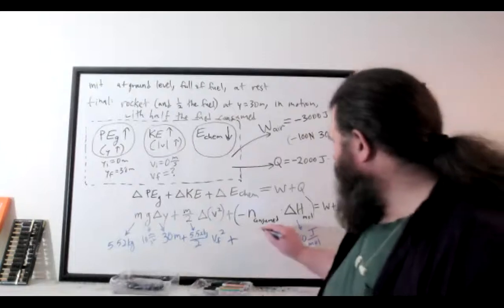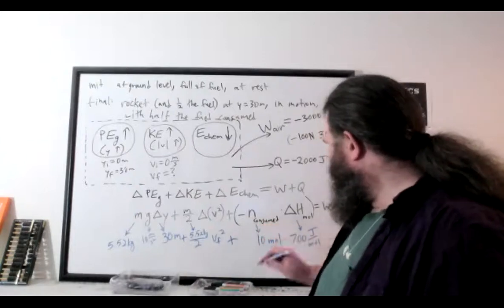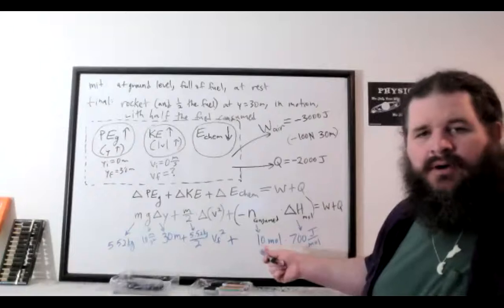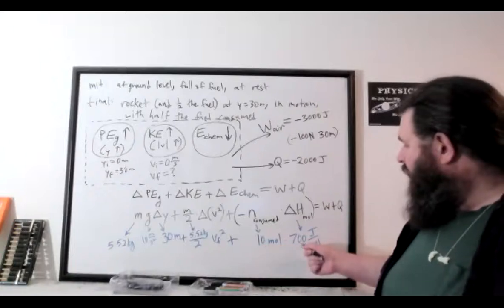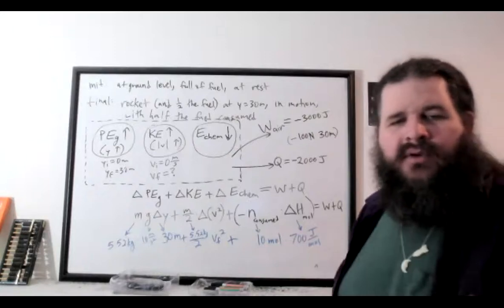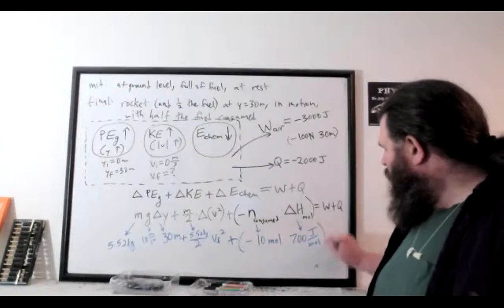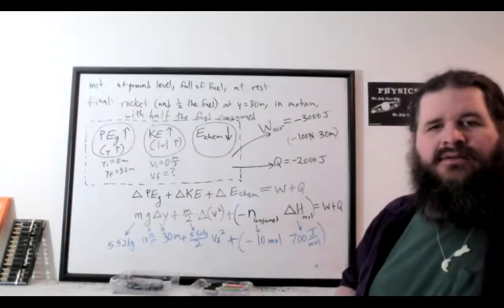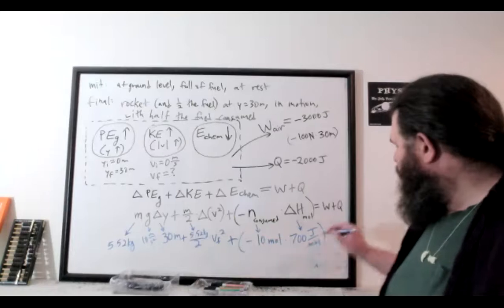Yeah, should be 10 moles. So you've got 10 moles of fuel being burned, and also 10 moles still aboard, but that doesn't really matter, times 700 joules per mole. Note that moles and moles is going to cancel out. So we're left with joules of energy. And also a negative because we're talking about the chemicals losing energy and contributing that energy to other systems.